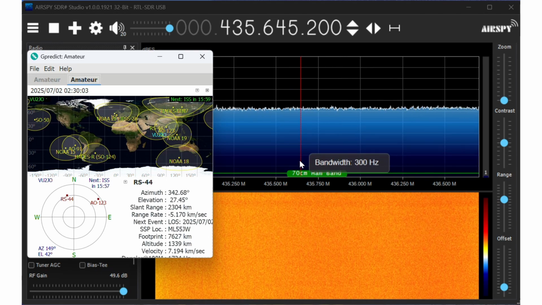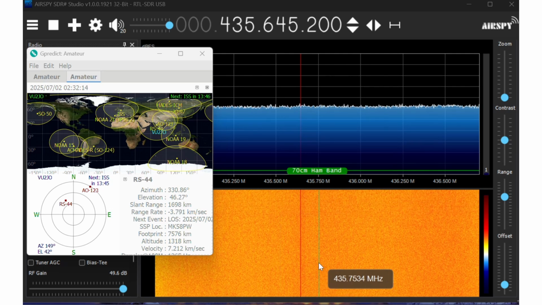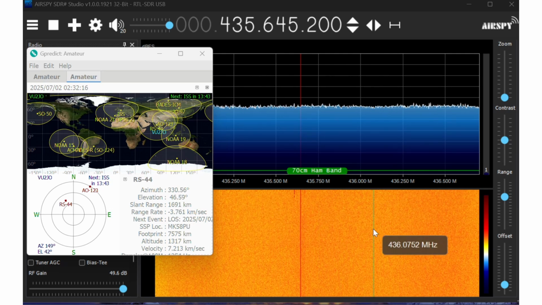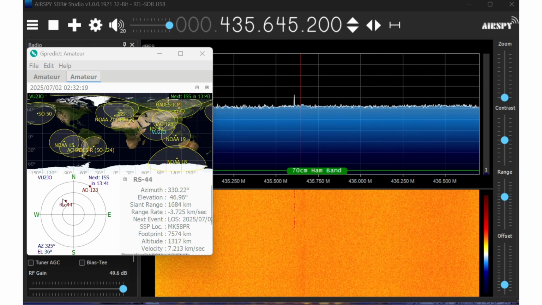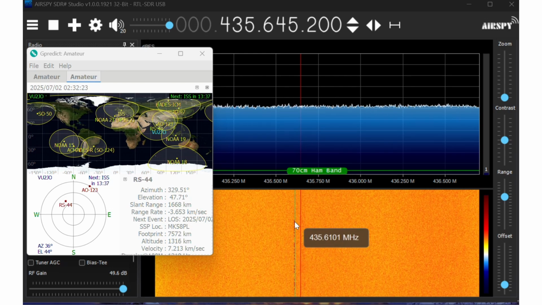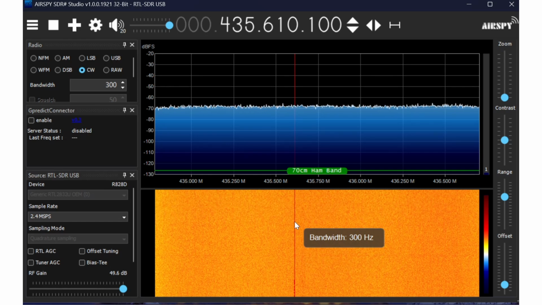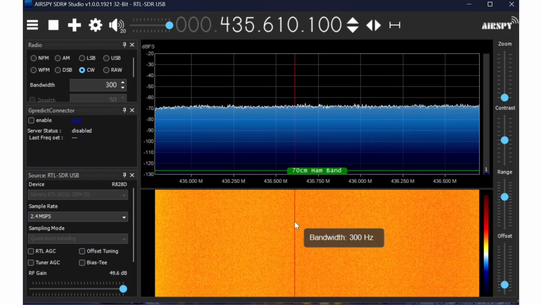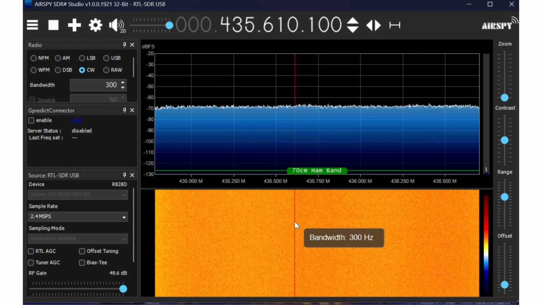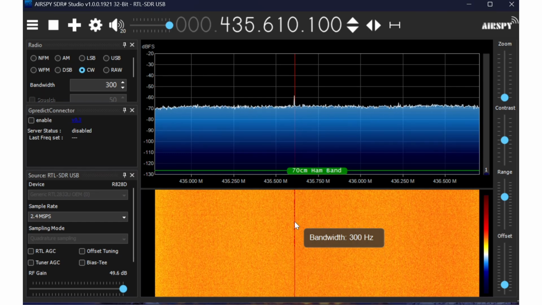It's already 5 minutes. Now you can see some signal. You can see I am restarting the recording, and the satellite is at a good elevation, 46. See, this is the beacon. I'll tune into that beacon and see. If this was automatically Doppler tracking, then the beacon would have been heard.